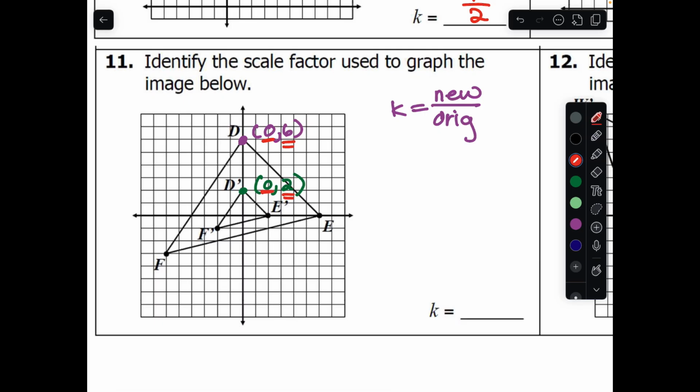So my new is 2 and my original one is 6. Because my prime points, 0, 2 is the prime, and that goes over 0, 6, which was the original. So 2 over 6 can be reduced with that ABC button. This is a scale factor of 1/3.